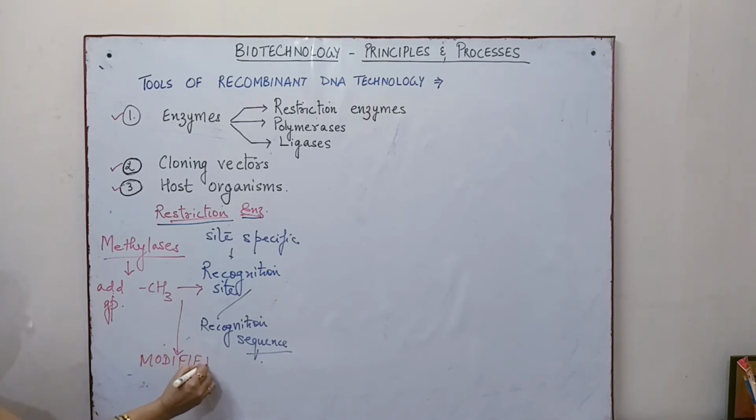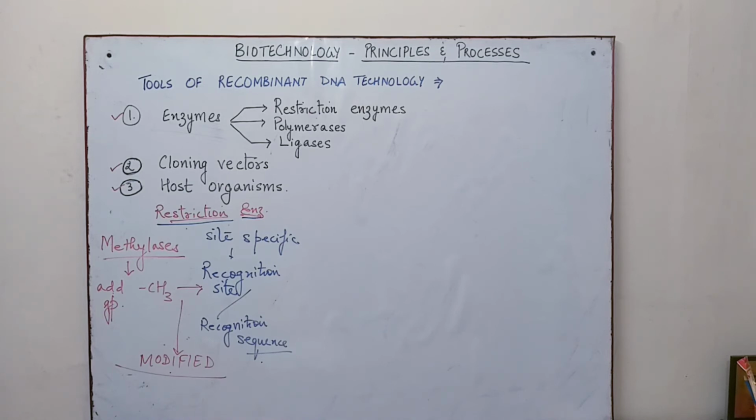Since it gets modified, the restriction enzymes will not be able to identify the recognition site because it has already been modified due to the addition of the methyl group, and thus restriction enzymes are inhibited, and they cannot break up the bacterial DNA into fragments.